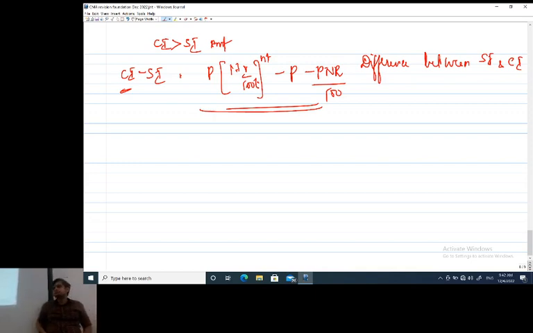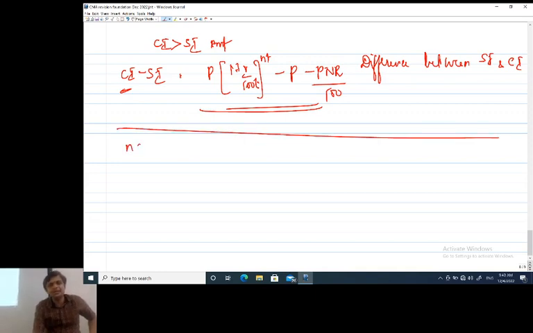Okay, now number 2, where you have a fraction in the year in compounding. Say for example, you have 5 years 3 months, 5 years 2 months, where n is a fraction.